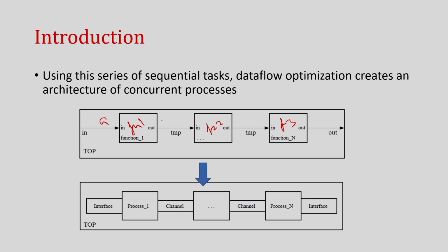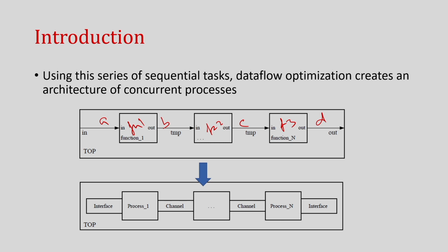A is coming here, B is getting produced, C is coming here and D is getting output. This is the flow. Since function 2 consumes the array B produced by function 1, function 2 has to wait until B is produced. That is why the sequential nature comes.